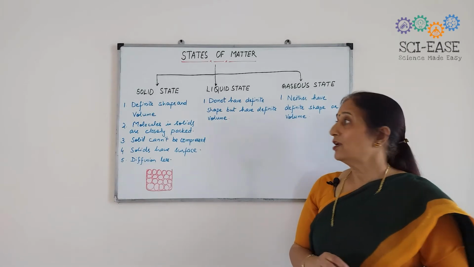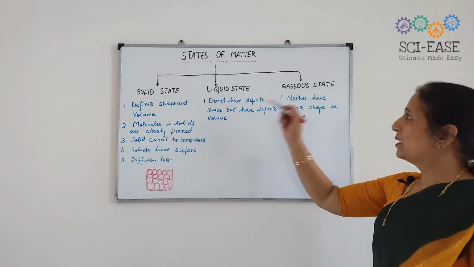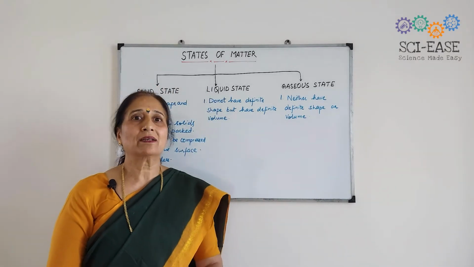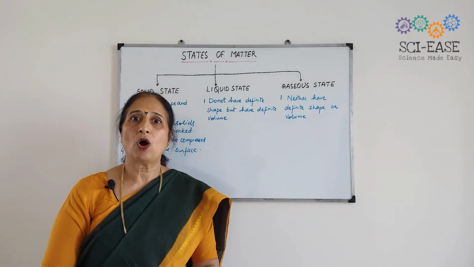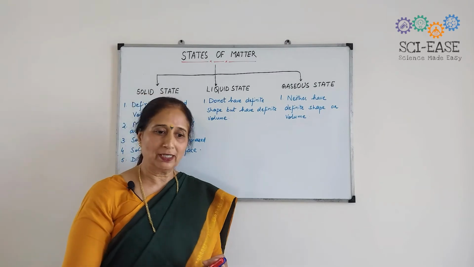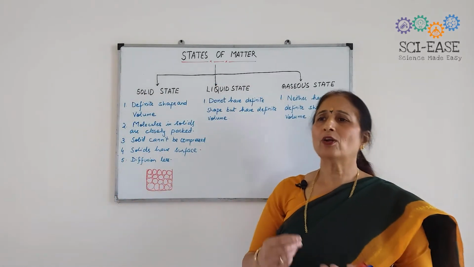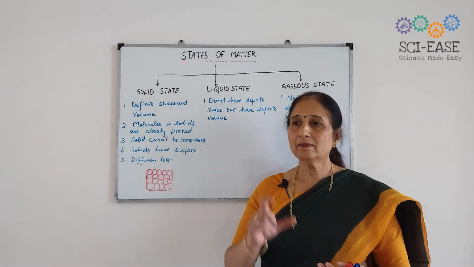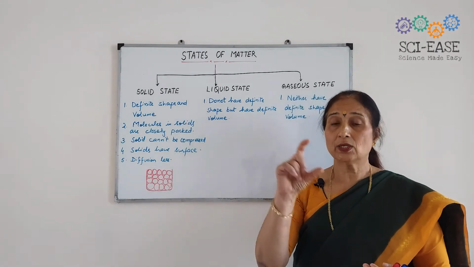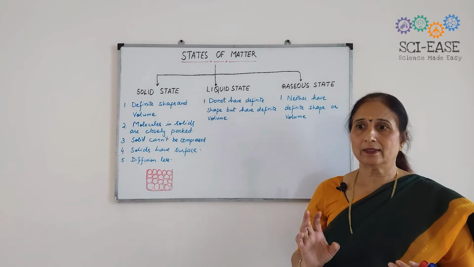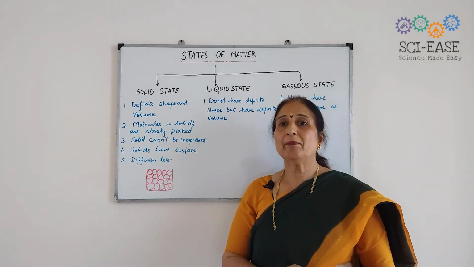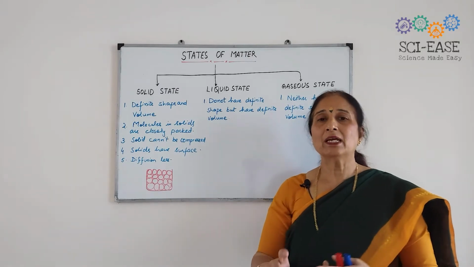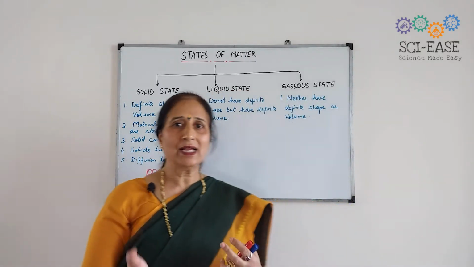Now come to the liquid state. Take 50 ml of milk, water, coconut oil or any vegetable oil, measure it with a measuring cylinder and put it in different containers like a mug, beaker, conical flask and so on.